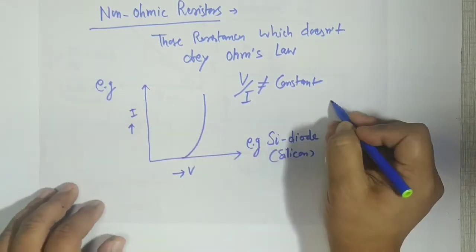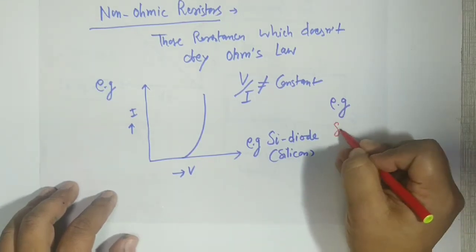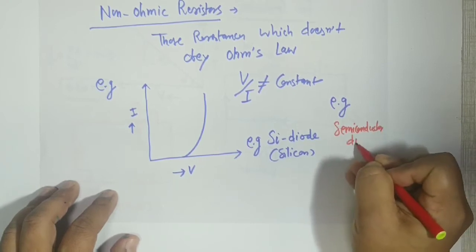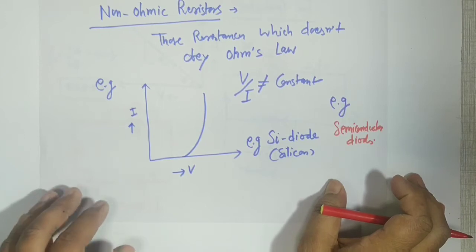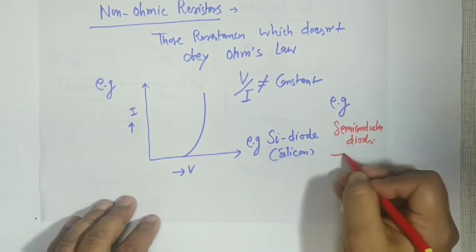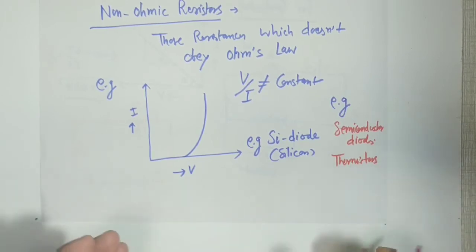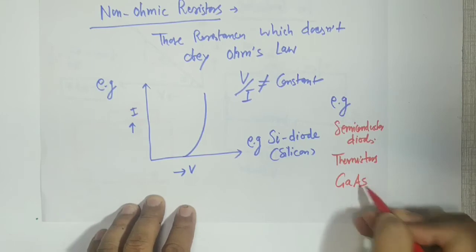So examples of non-ohmic resistors: we have semiconductors, semiconductor diodes. These diodes don't follow Ohm's law. We have thermistors. There are certain examples of non-ohmic resistors, which don't obey Ohm's law. We have the gallium arsenide diode. So these are the non-ohmic resistors.